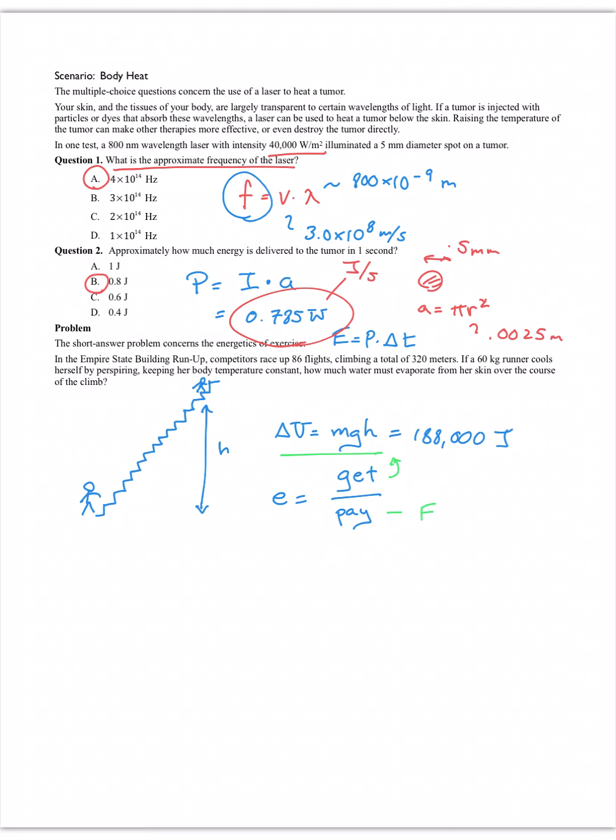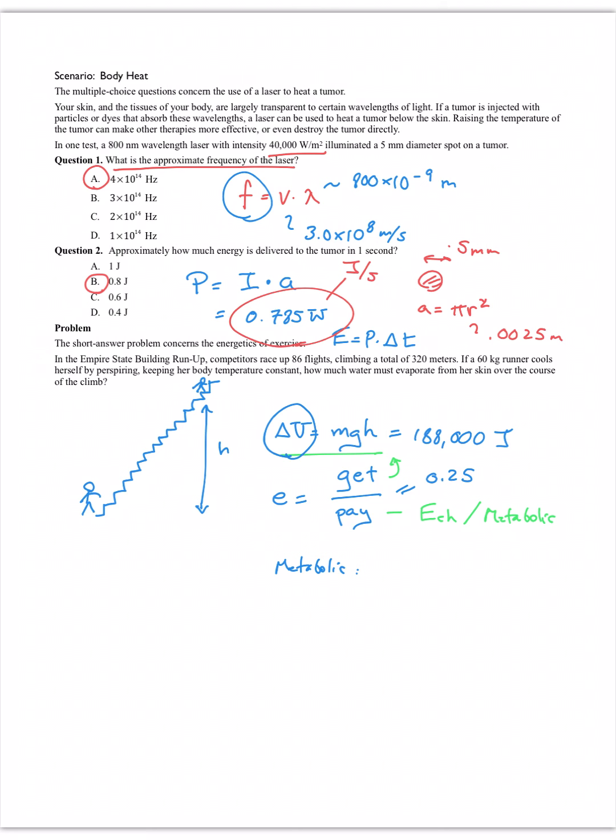What you pay is the chemical energy, the metabolic energy that your body uses. So if I do that, I calculate the metabolic energy. It's 4 times this change in potential energy, because we assume that the efficiency is 0.25. We said that people are about 25% efficient.